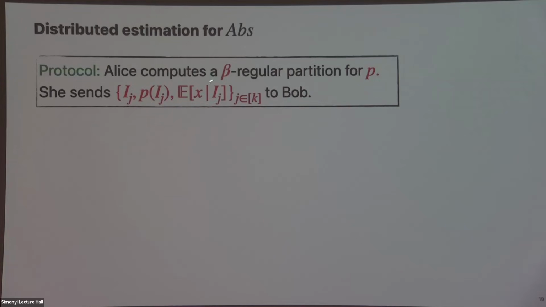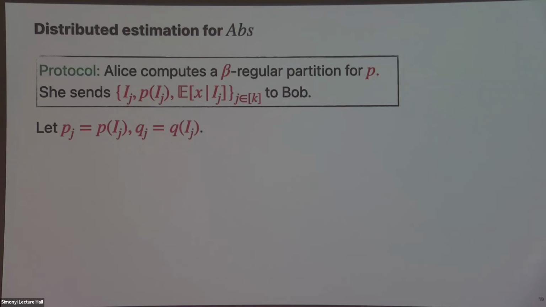And the expectation of X conditioned on that interval. Already, if it's a small interval, Bob knows that the expectation lies somewhere there. But she nails it down for him and tells him exactly what the expectation is.